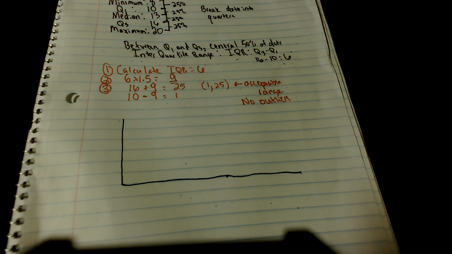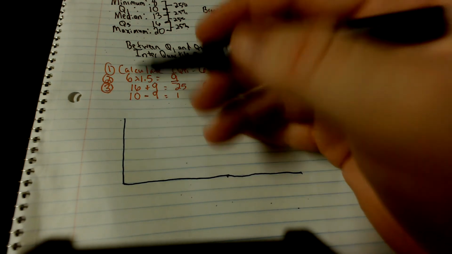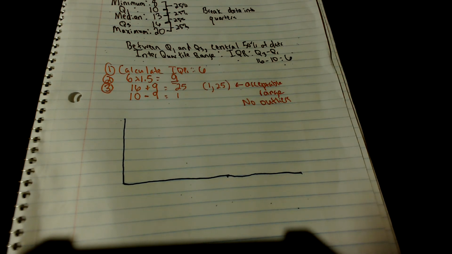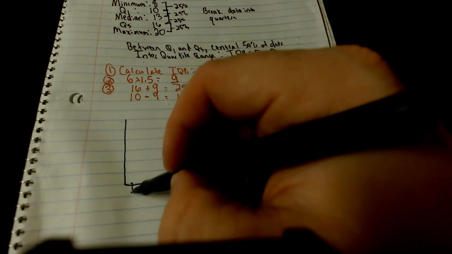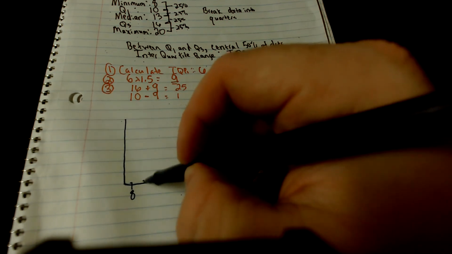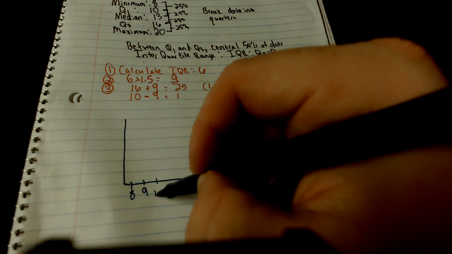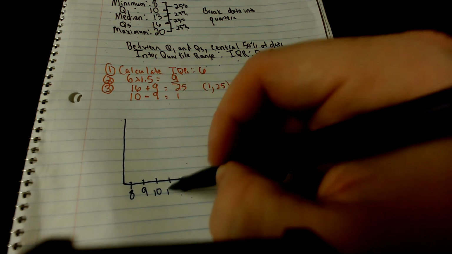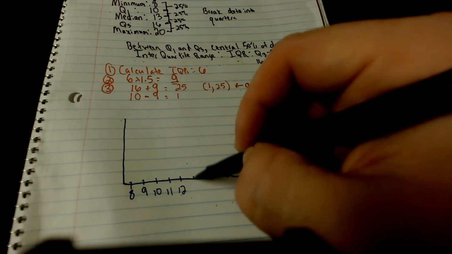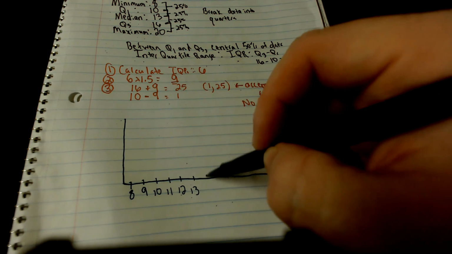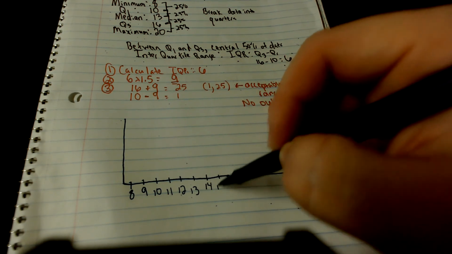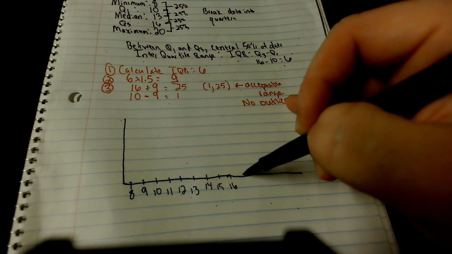I didn't technically need to put that axis in, and I probably won't do it for the next one, but what I do need to do is just scale the bottom here. And again, just like all graphs, you can do it on the x-axis, or you can do it on the y-axis. I prefer to just do it on the x-axis. That's just me. You guys can do you.